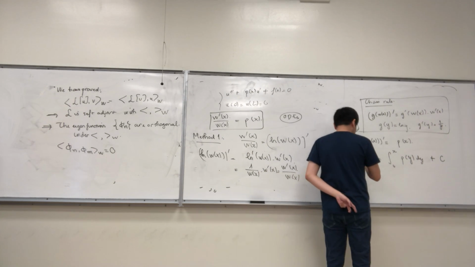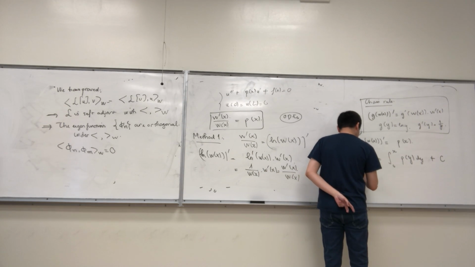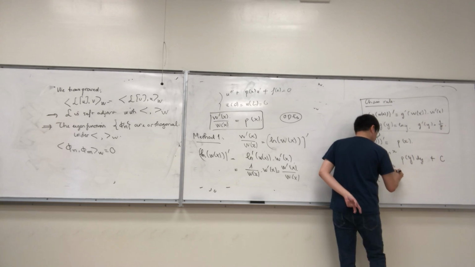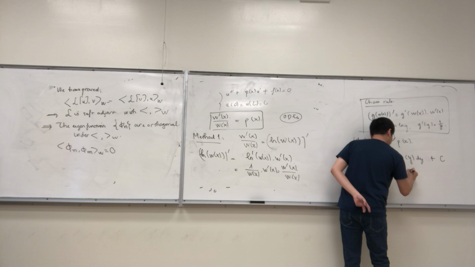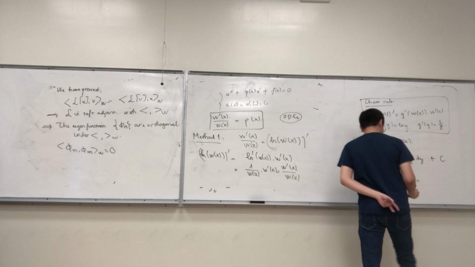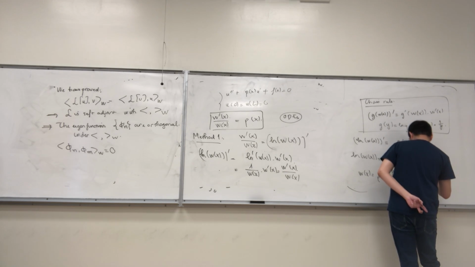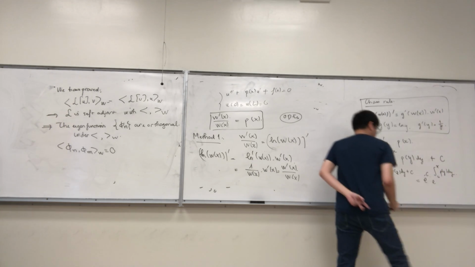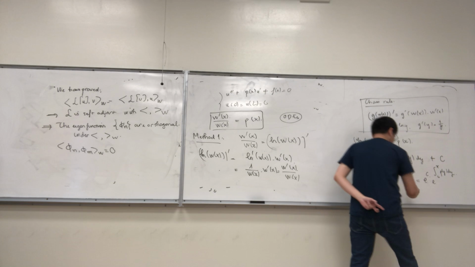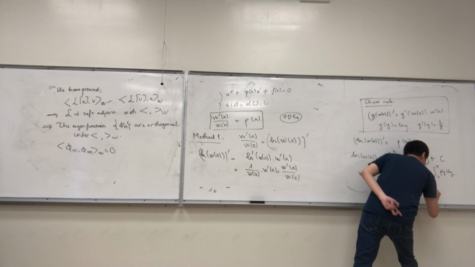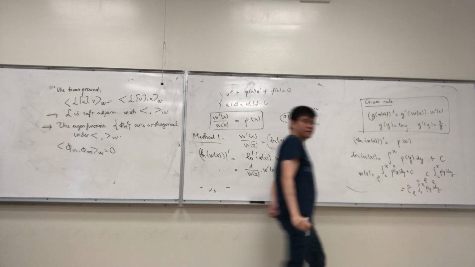So w of x will be exponential of the integral from 0 to x of P(y) dy plus c, and this gives me c tilde, e to the c, times the exponential of the integral from 0 to x of P(y) dy. Right?